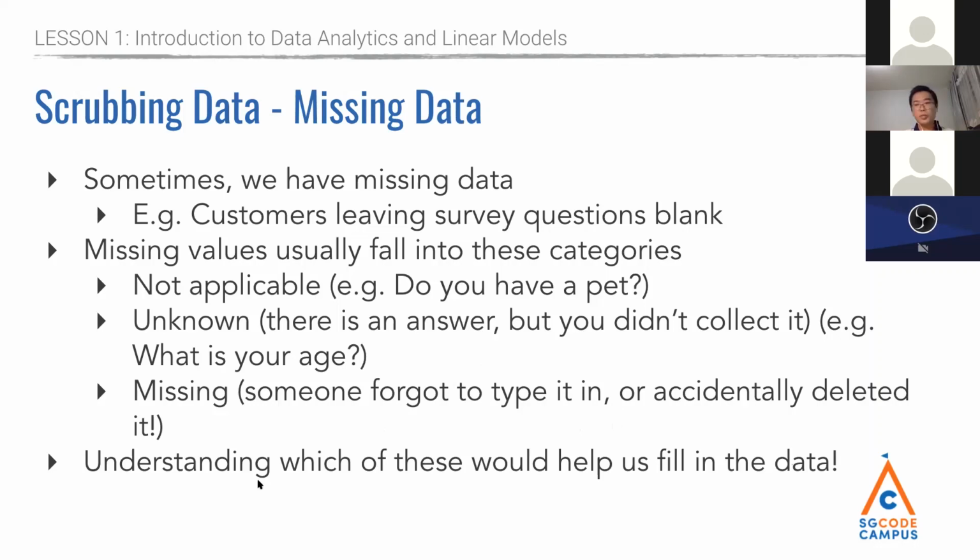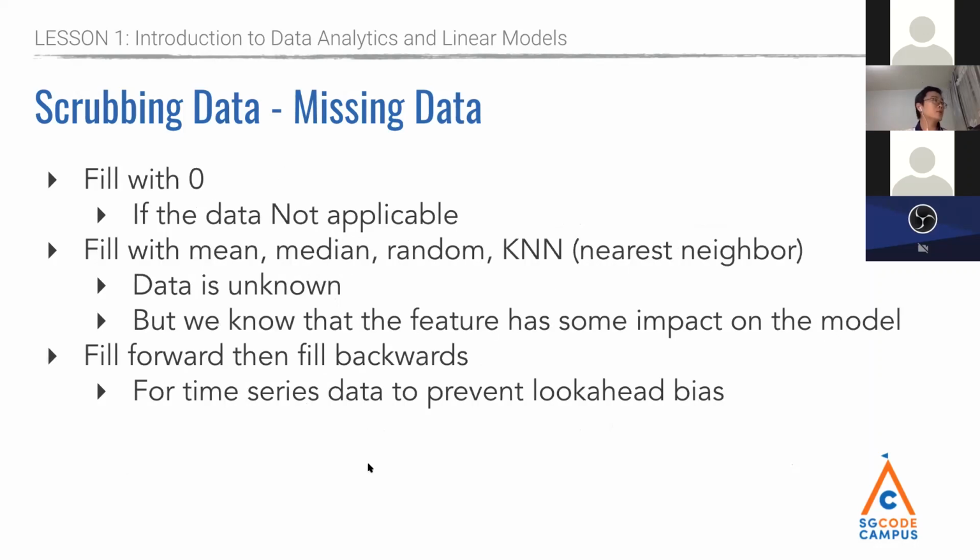You need to understand the cause of the missing data in order to do imputations. Maybe sometimes you can fill with 0. Usually, say for pet name, not applicable, you can fill with 0, so that when others have a value, this one will indicate that this missing is because it's not applicable.